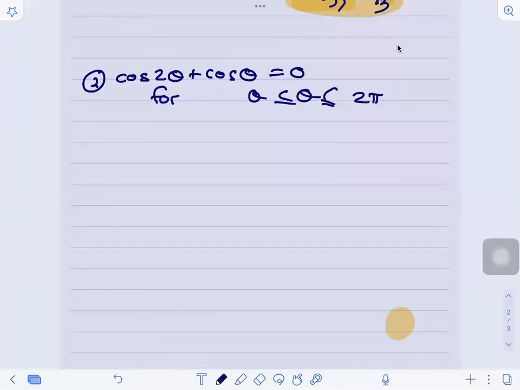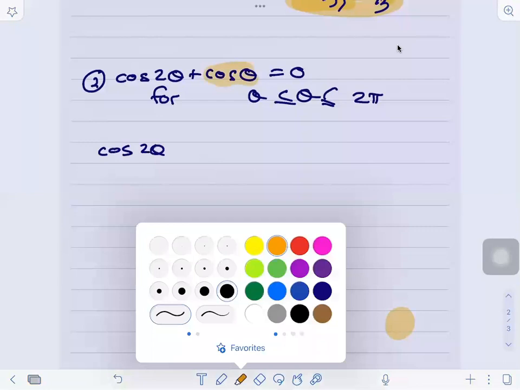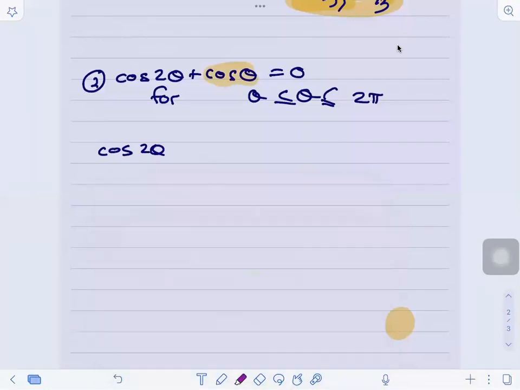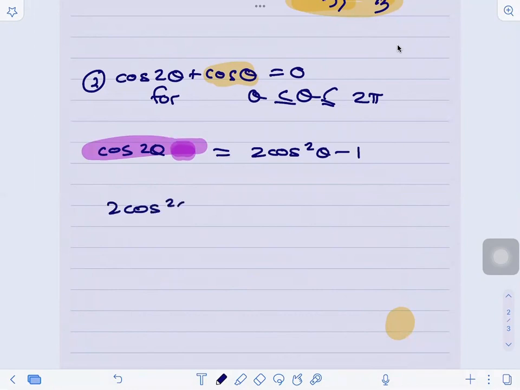Okay, so looking at this one now, we've got cos 2 theta. Do you notice that this part here is cos theta? Because that is a cos theta, when you're changing this, it's easier just to change the cos 2 theta to 2 cos squared theta minus 1. So if you go 2 cos squared theta minus 1 in place of cos 2 theta, then plus cos theta equals 0.